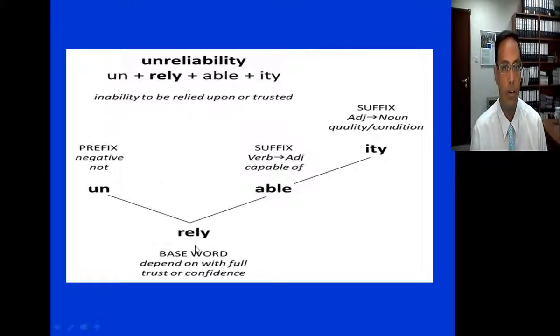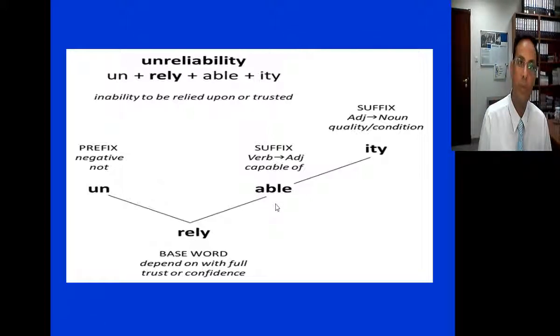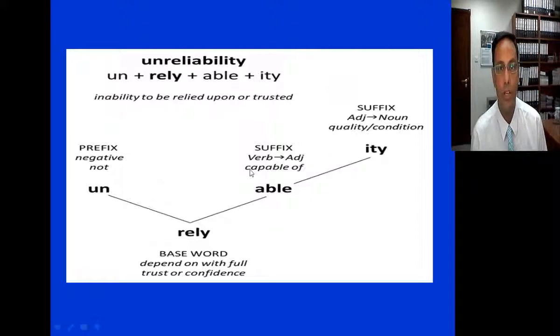So this is the verb. And we add able, reliable. This is a suffix, of course. When we add the suffix to the verb rely, it becomes reliable, which is an adjective. So here we have a change from verb to adjective.